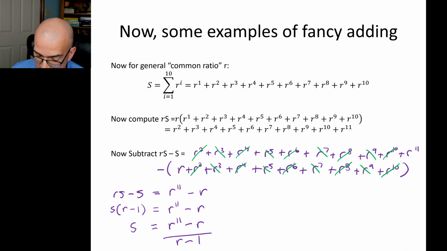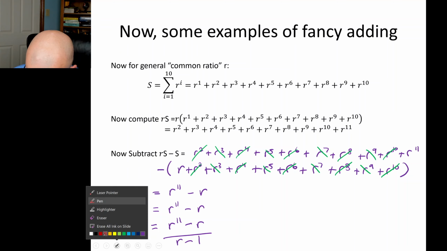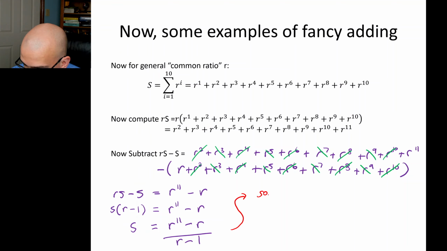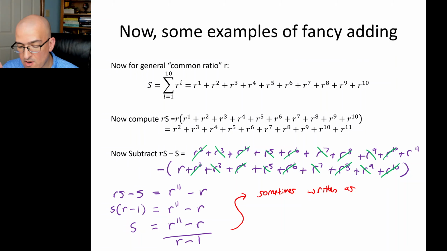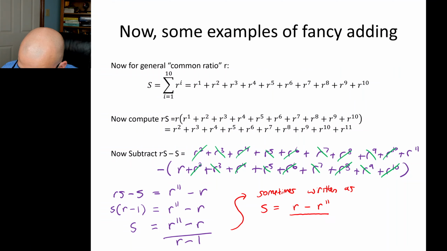This is a good answer, but it is sometimes written differently. Instead of doing r s minus s, sometimes they do s minus r s, just the different order of subtraction. If you do it that way, you'll get the sum is equal to r minus r to the power of 11 over 1 minus r.